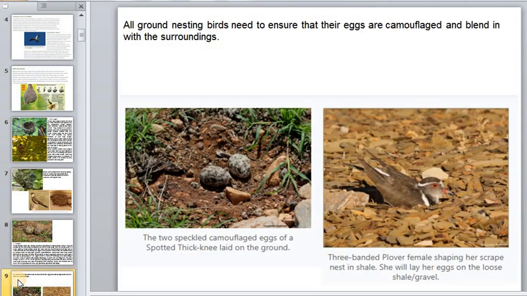All ground nest birds need to ensure that the eggs are camouflaged and blend in with the surroundings, so they have a lot of spots, and the color is like the color of the ground. And here we see two camouflaged eggs of a chicken laid on the ground.